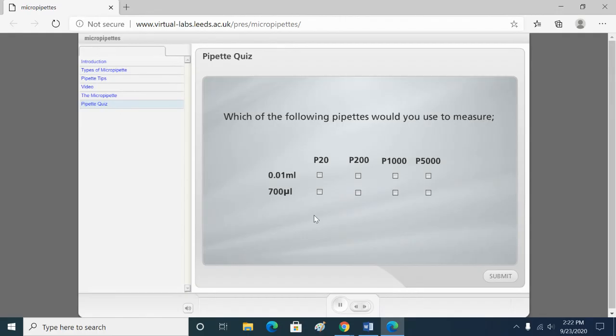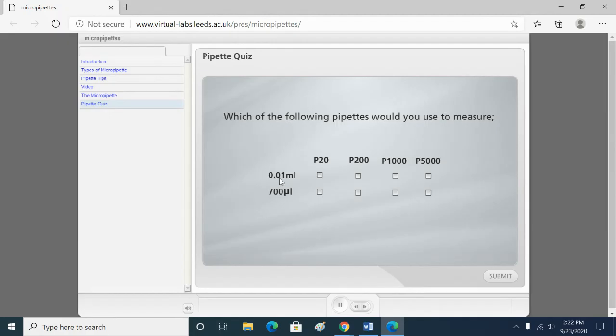So again, which pipetter would you use to measure 0.1 milliliters? Right, convert this to microliters. How many microliters is this? 100?